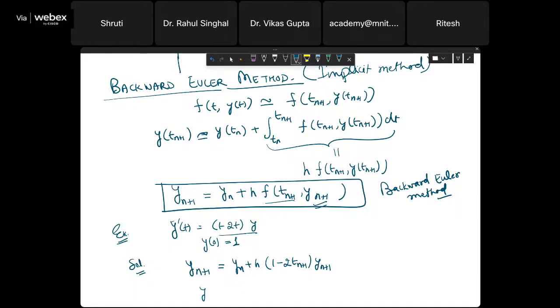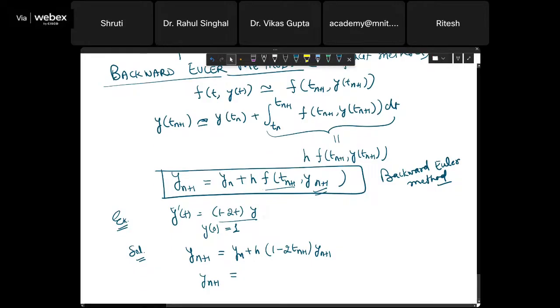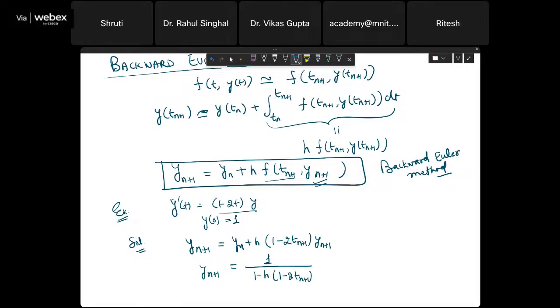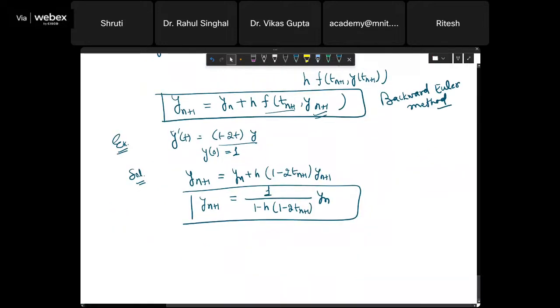So easily we can write down yn plus 1 explicitly as 1 over 1 minus h times (1 minus 2 tn plus 1), times yn. You can easily find it, with similar steps to what you did in the previous problem when you used the Euler method.